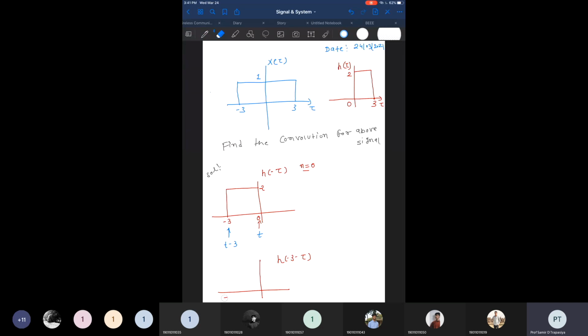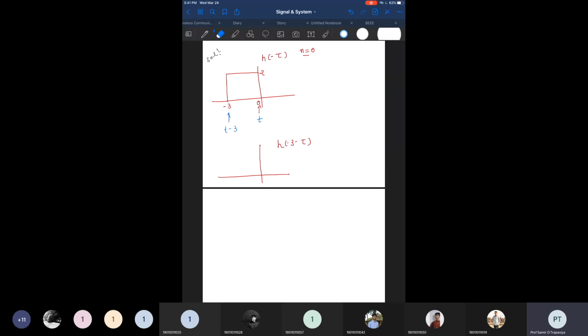The second end will be at -6, so the signal holds from -6 to -3. And this signal is shifted to the left side, so that's why the value of n is taken as negative.